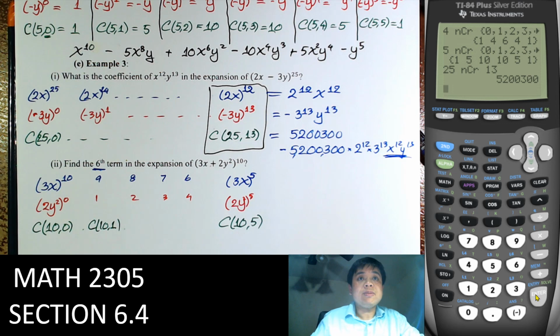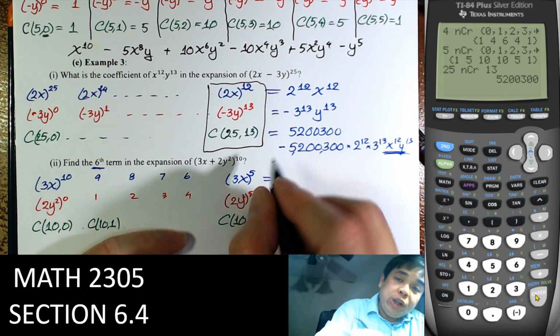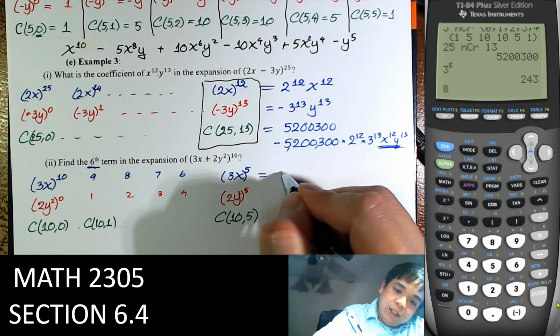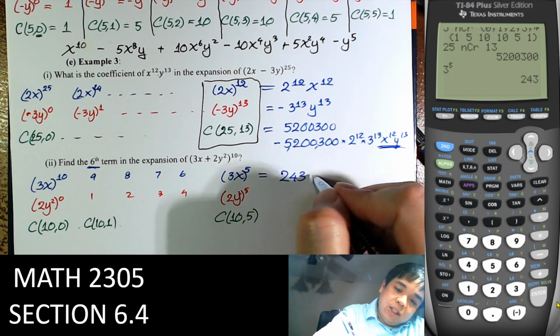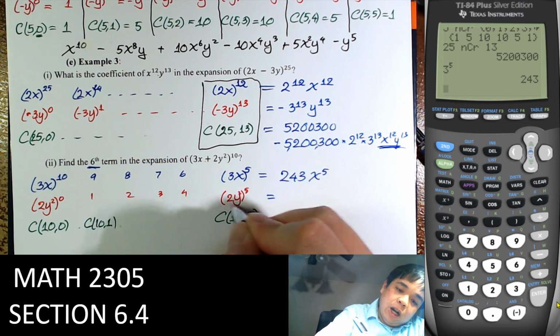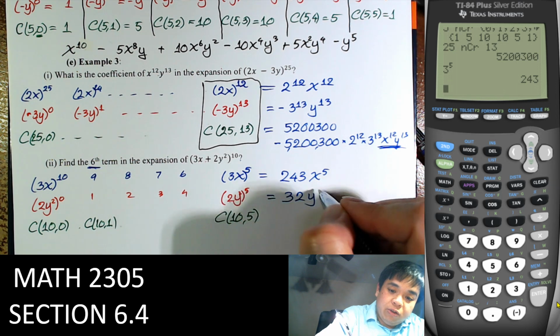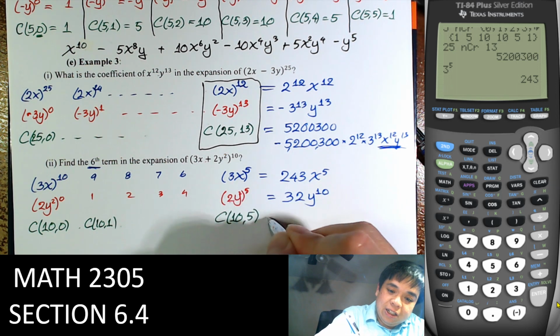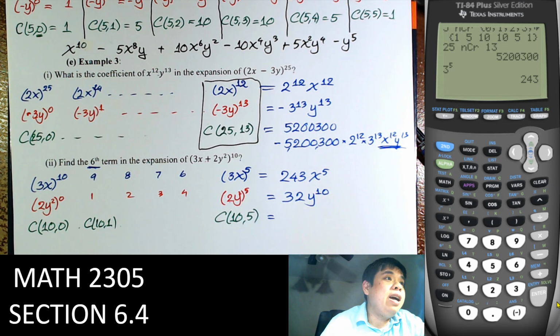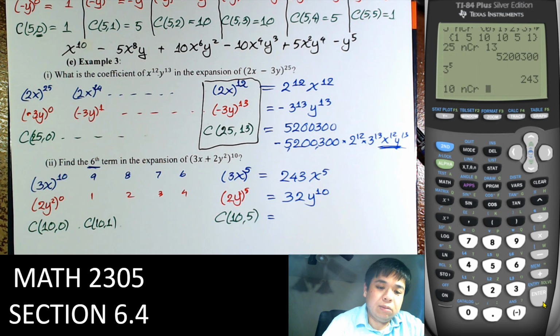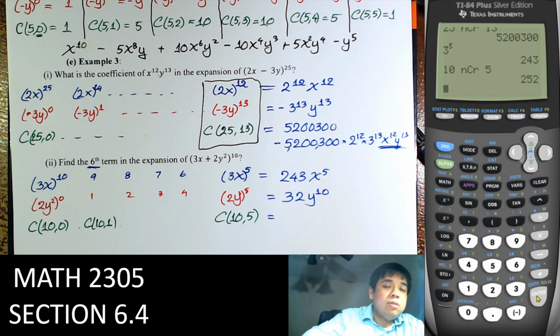Now we just do 3 to the 5th, which is 243, x to the 5th. 2 to the 5th is 32, y squared to the 5th is y to the 10. And then C(10, 5), which is 252.